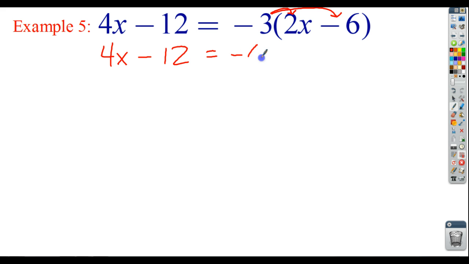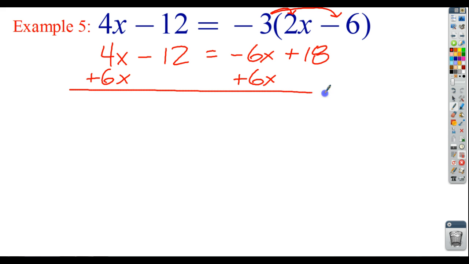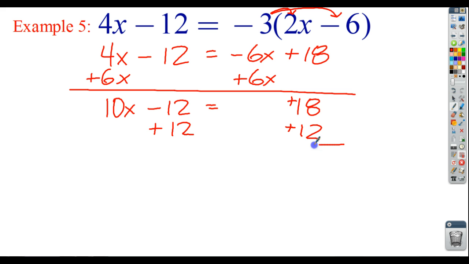So we got a -6x here, and then -3 times -6 gave us +18. Then we add 6x to both sides so that I have my variables only on one side, and I ended up with 10x minus 12 equal to +18. Then I added 12 to both sides, and I'm hoping this looks familiar to you.